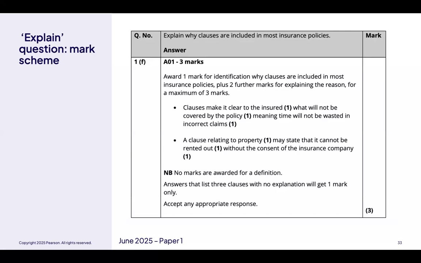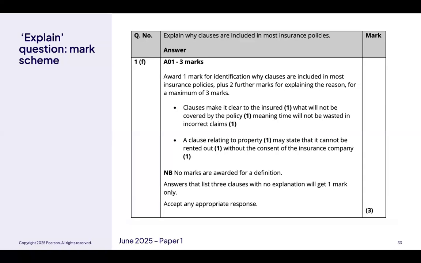And remember, this is the mark scheme that examiners are being told to use. This is what your examiner will use in answering your students' questions. So award 1 mark for the identification why clauses are included in most insurance policies, plus 2 further marks for explaining the reason, for a maximum of 3 marks.